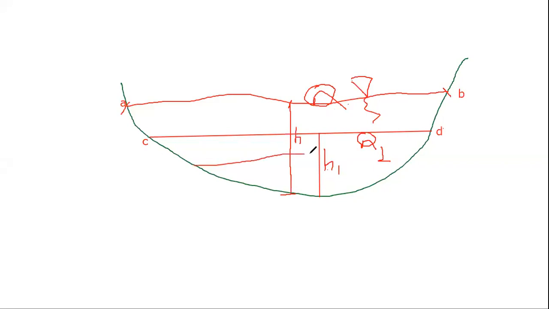Then the next height we will consider as H3, and for this the discharge we will consider as Q3. Likewise, HN, QN. Now here we establish the relationship between the height and the discharge.